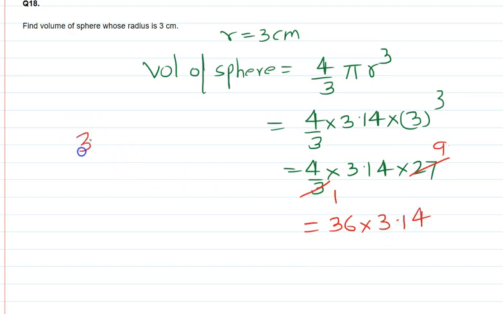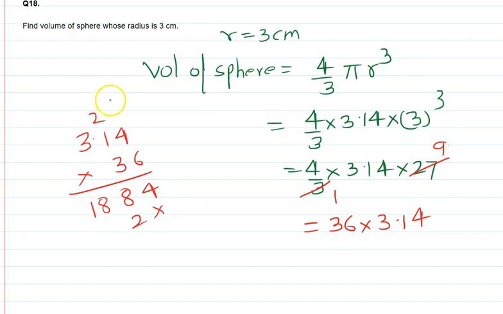36 times 3.14. So let's multiply. As I told you, I'm assuming this as a non-calculator paper, so I'm showing you working. Multiply. 6 times 4 is 24. Carry 2. 6 times 1 is 6 and 2, 8. 6 times 3 is 18. Now 3 times 4 is 12. Carry 1. So 3 times 1 is 3 and 1, 4. And 3 times 3 is 9. If you add 4, 8 and 2, 10.